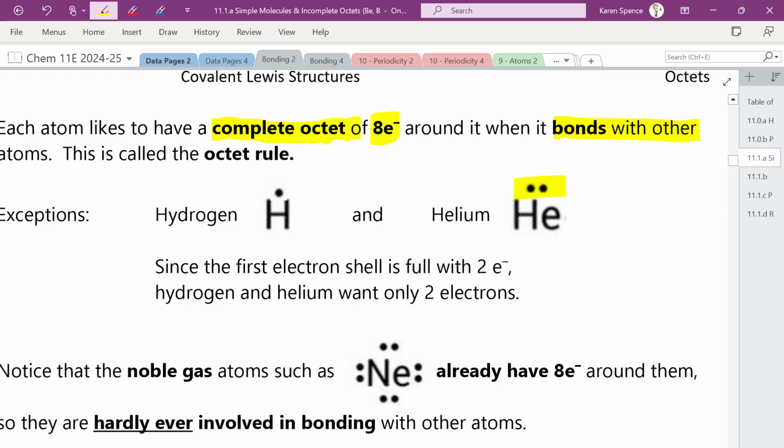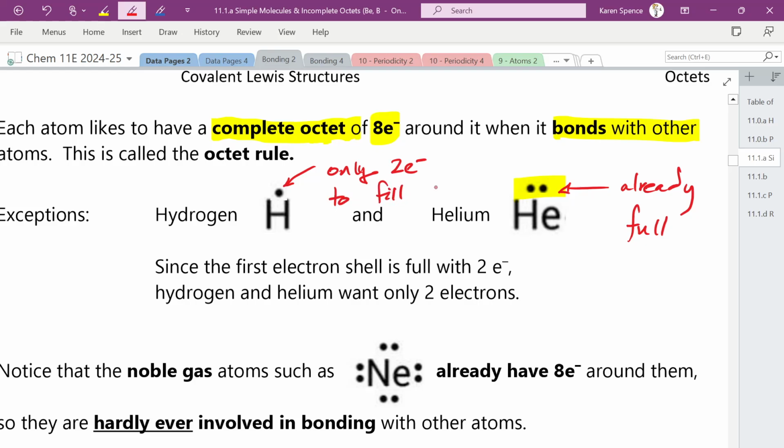Helium is already full. And hydrogen, what will it take to fill hydrogen? Only 2 electrons needed to fill hydrogen, so only 2 electrons needed to fill n equals 1.